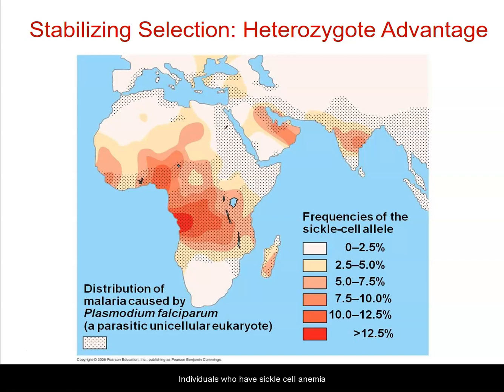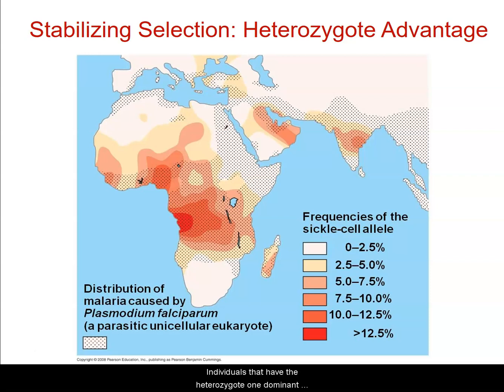Individuals who have sickle cell anemia, meaning they have all of the genes that code for complete sickle cell anemia, meaning 2 recessive alleles, means that you are going to die from sickle cell anemia. If you're an individual that has 2 dominant alleles, meaning normal blood, you're going to die of malaria.